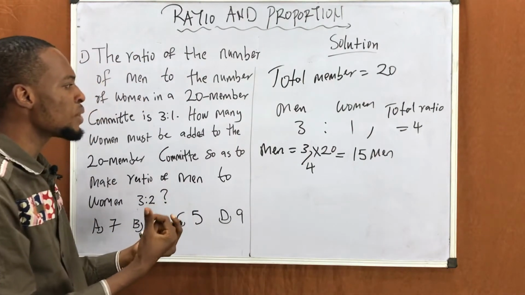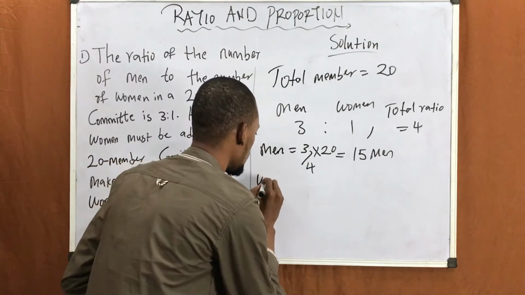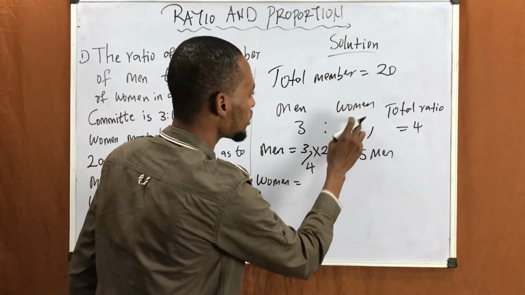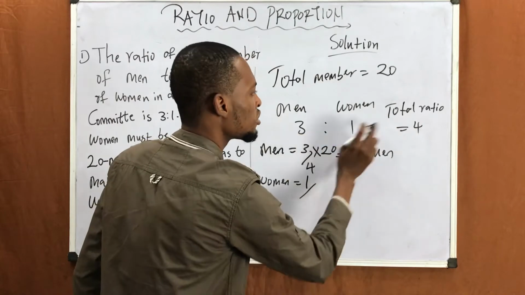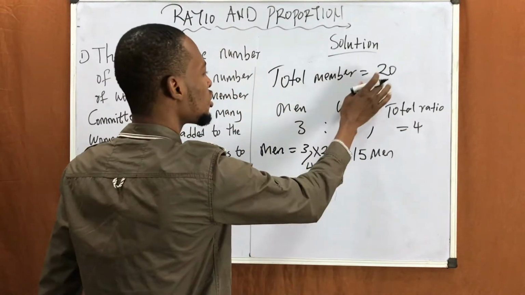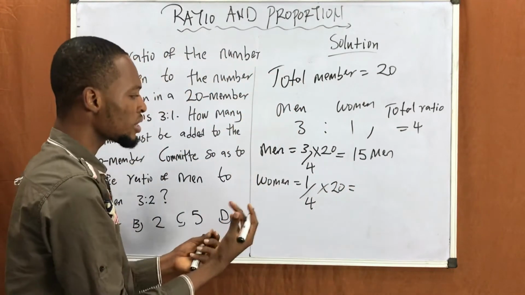So we have 15 men in the committee. Now let's see the number of women we have in the committee. Women equals the ratio of women, 1, over the total ratio, which is 4, that's 3 plus 1, times the total member in the committee, 20. This will give us the number of women.